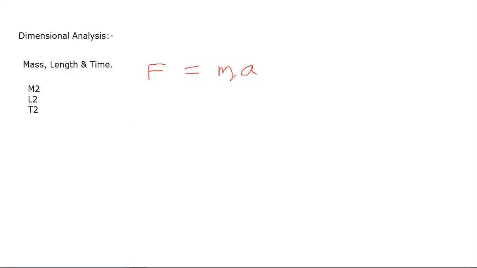Okay. So now how can we write the dimension for mass? You can write it as capital M1, which is the dimension for your mass. For acceleration, what can you write? The formula for acceleration is velocity divided by time, right?